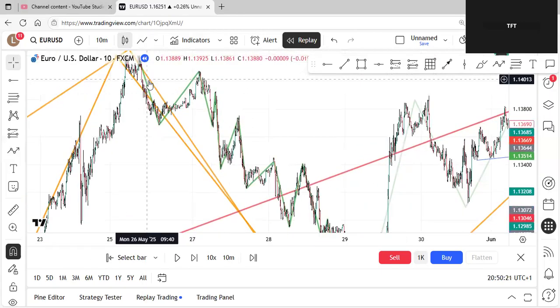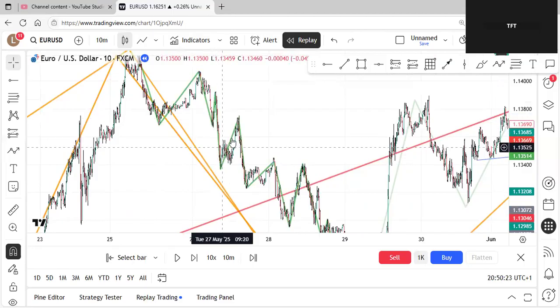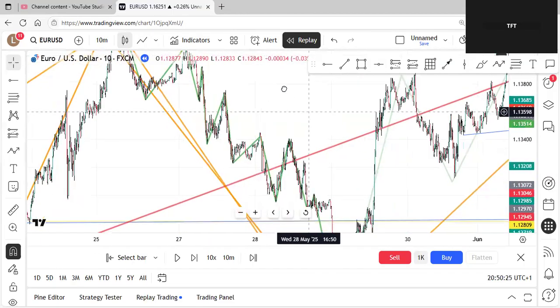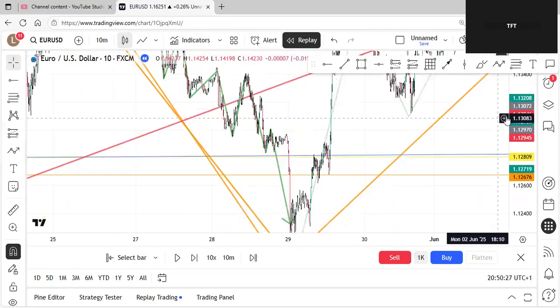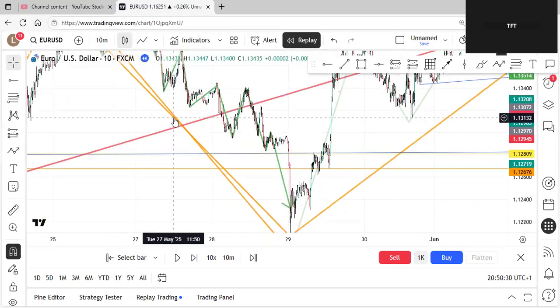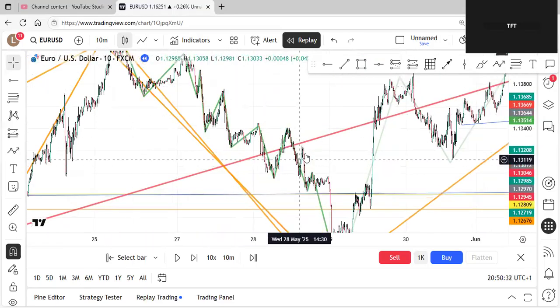But as you can see, we've got 1, 2, 3, 4, 5, 6, several 1 minute pushes that create the 15-minute structure.